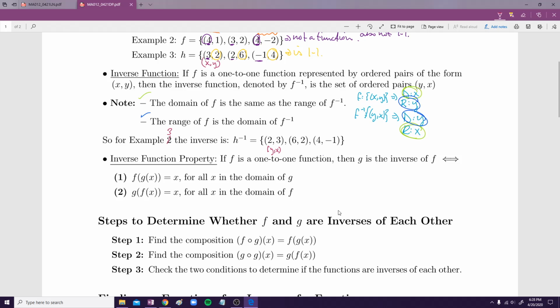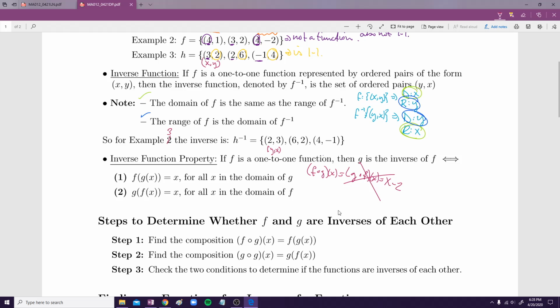All right. So one question you may have is, if we have f of g of x, and g of f of x, and let's say they equaled, I don't know, x minus 2. This does not mean it's an inverse function.